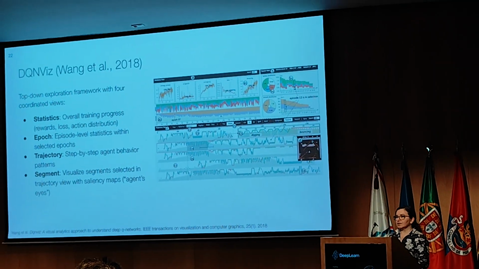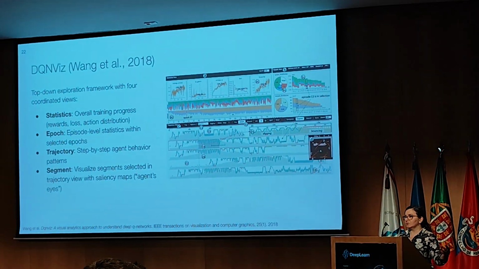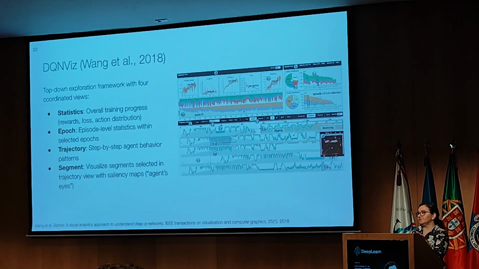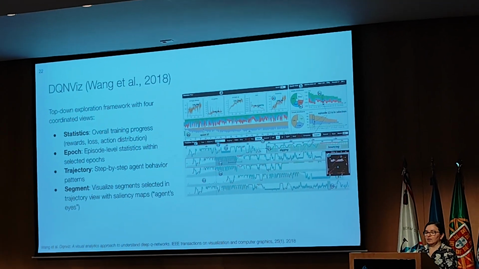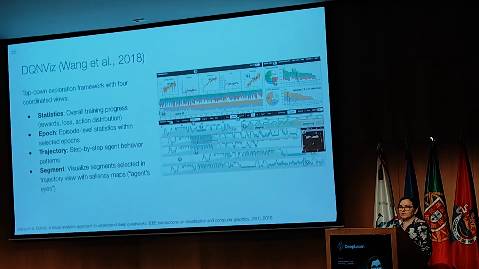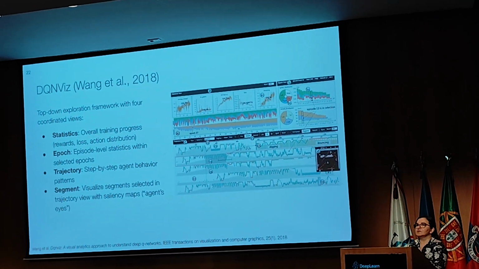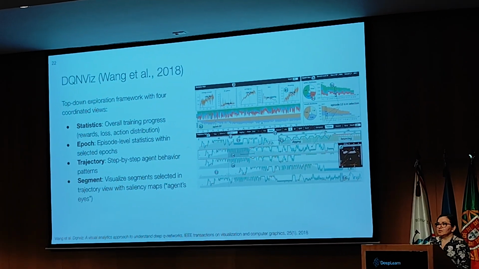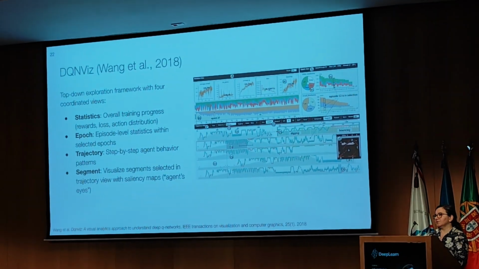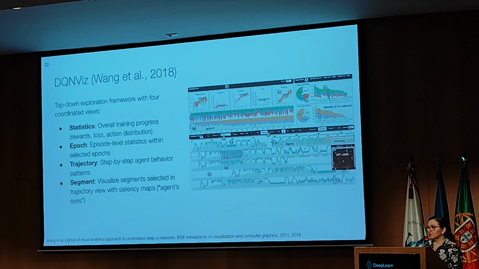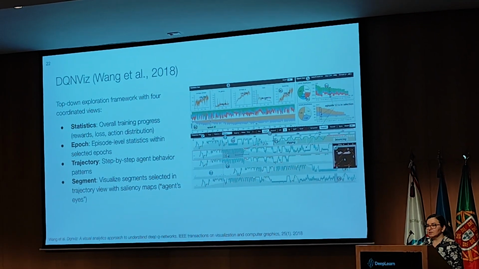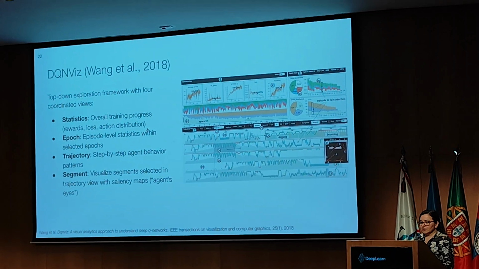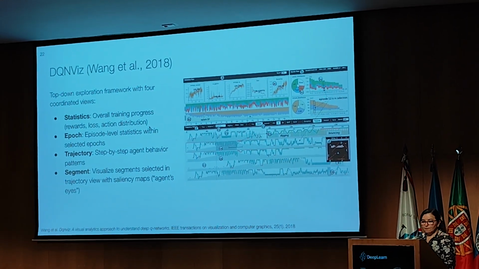If your agent has a big trajectory, some segments of this trajectory might represent different behaviors. If we talk about half cheetah again, some segments might indicate stable running, some of them indicate falling down. So it depends on how the agent learns the stability. So this kind of toolbox also shows the segments for you.